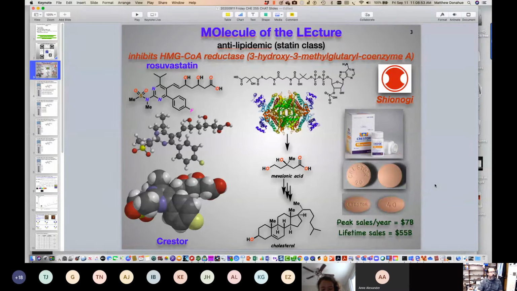But the general society probably doesn't have that same understanding. Again, this molecule Crestor, you can't cut a tree down and isolate it from a tree. You can't dig into a mountain and mine it. It does not exist in nature. It has to be synthesized in a lab.